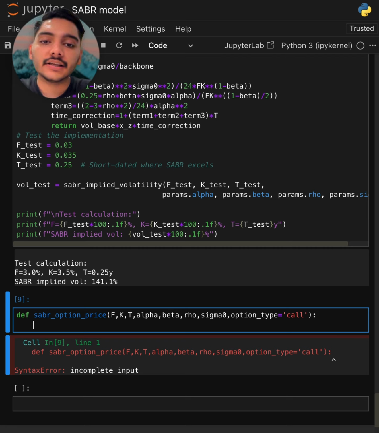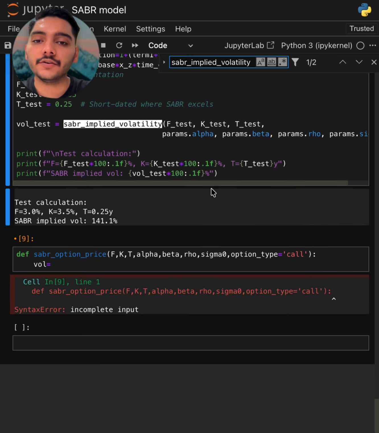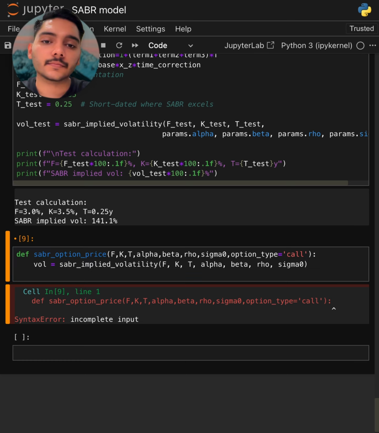So we'll get the SABR implied volatility is equal to sigma, and the function will be there, and we'll use Black-Scholes for the price. So let me first do that. So we say volatility is equal to, we already defined the function, so we will directly use this function. And let's write the if conditions.